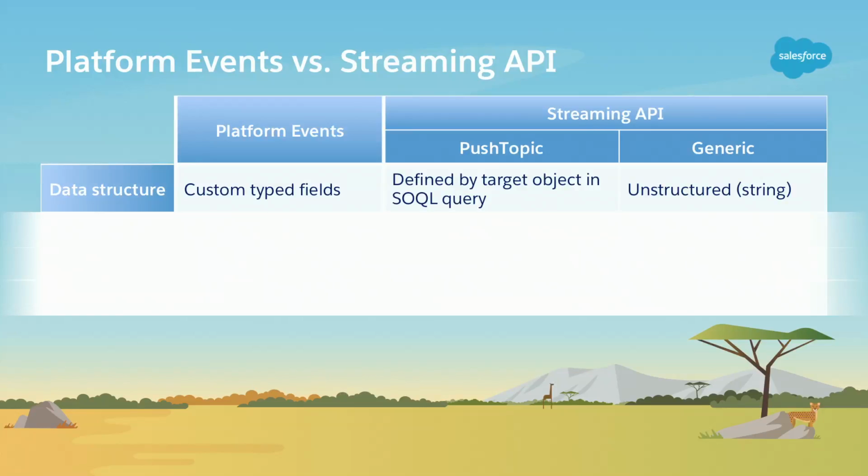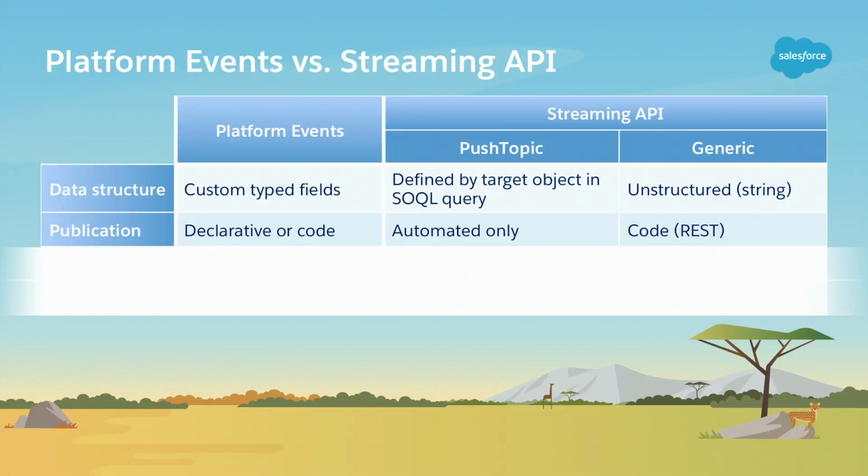Then from the publication point of view, in platform events, you can use code or clicks to publish a platform event. On the other streaming APIs, you don't have the choice about the method to publish push topics, because these are automatically generated for you when the SOQL query changes.